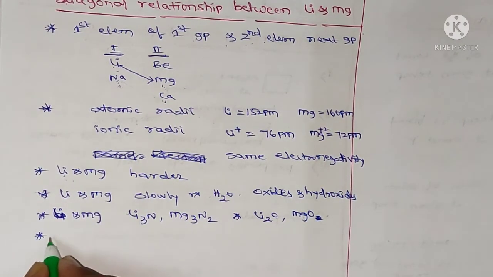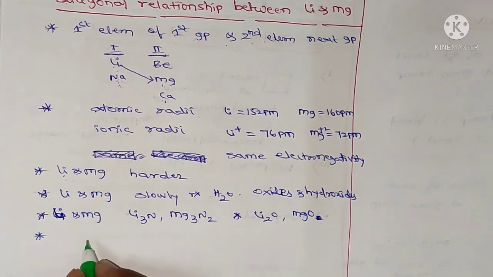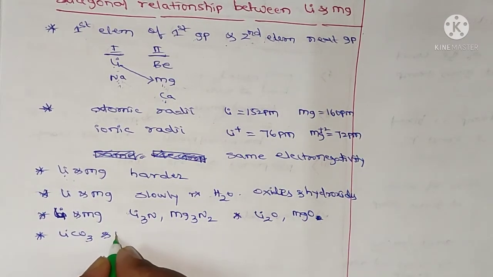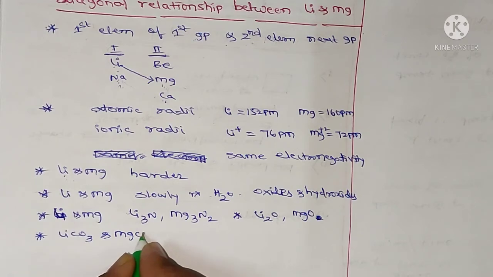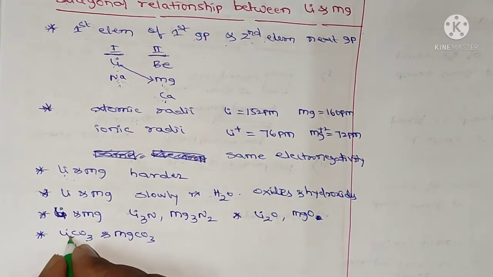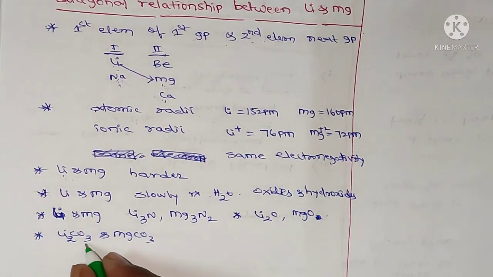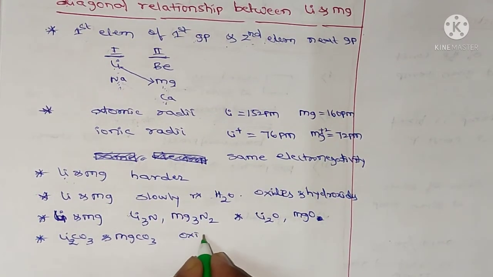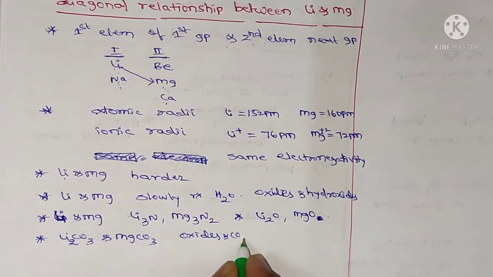On heating, carbonates of lithium and magnesium can form oxides and carbon dioxide. Lithium carbonate and magnesium carbonate, on heating, form oxides and carbon dioxide.